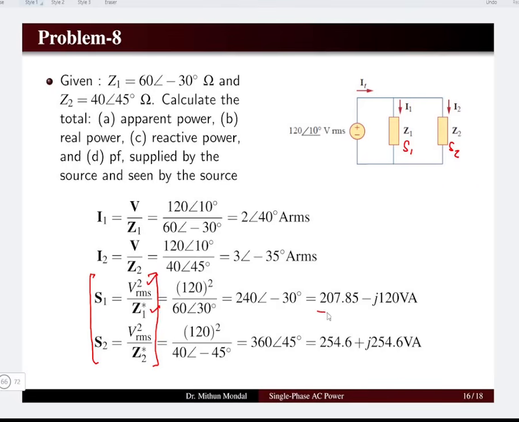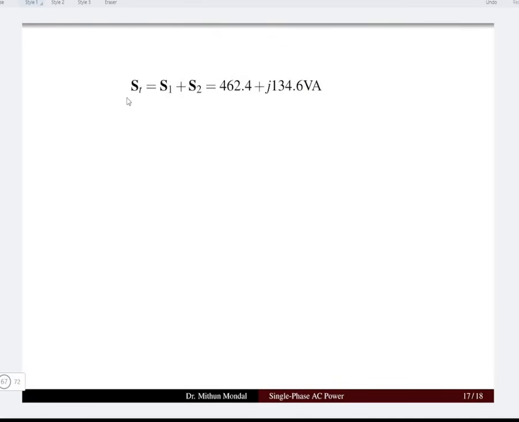That gives the complex power of the loads S1 and S2, both in the polar as well as the rectangular form. So this is the polar form and this is the rectangular form. The total complex power is the summation of the complex power of load 1 plus load 2.